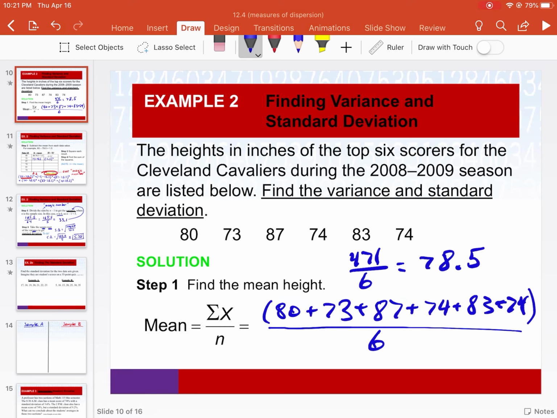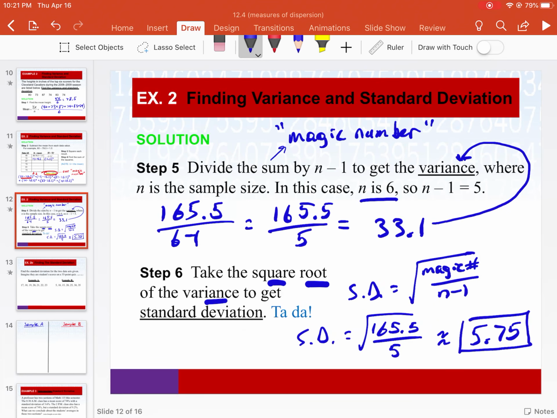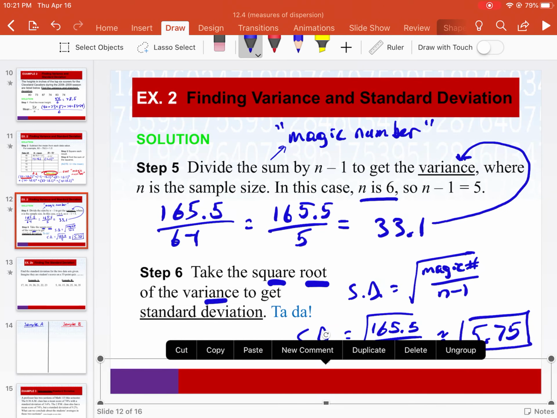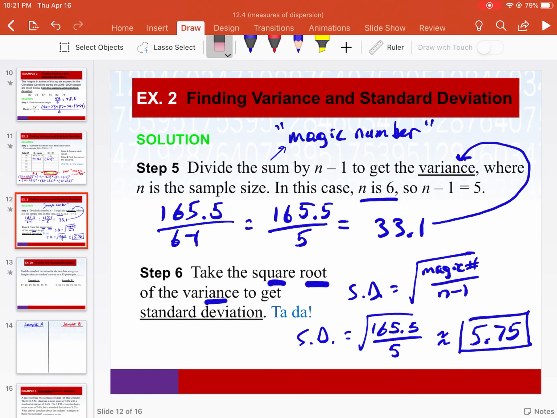What was the mean? 78.5. The number I pick will vary on average by about 5.75. So the lower this standard deviation, the closer the data is together. The larger, the more the data is spread out. That is, at times, very important.